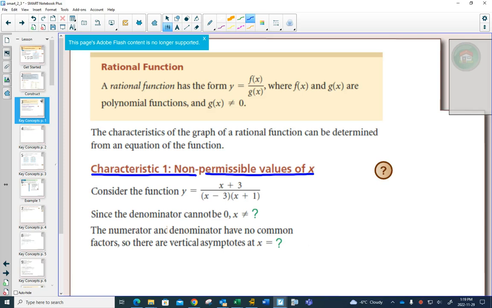Non-permissible values, they will either become holes or vertical asymptotes.